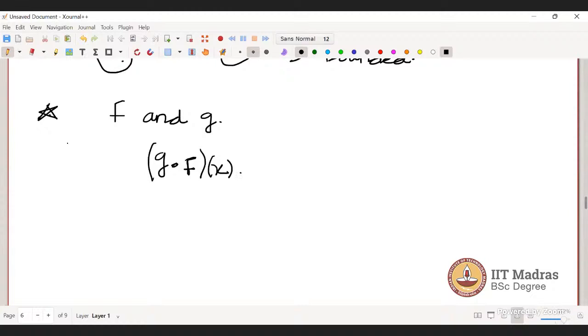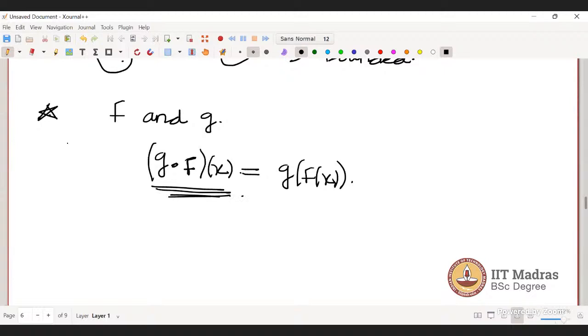The main reason why we have written it like this is that in the lecture Sir specifically mentioned that the composition of f and g is defined like this.